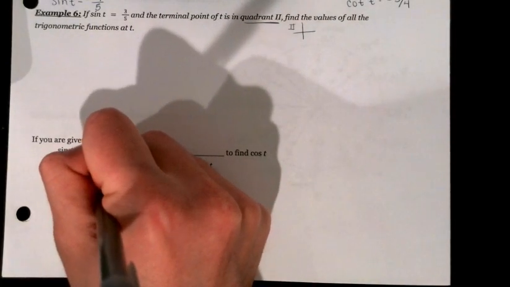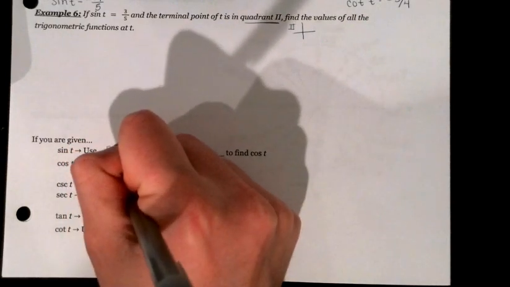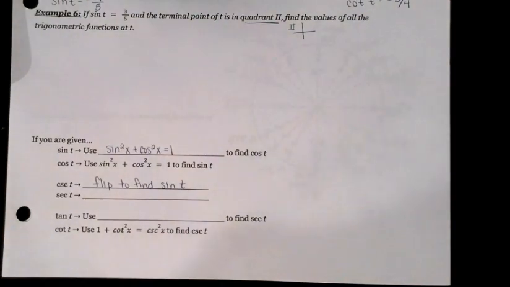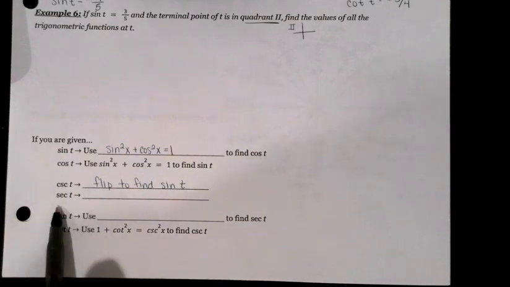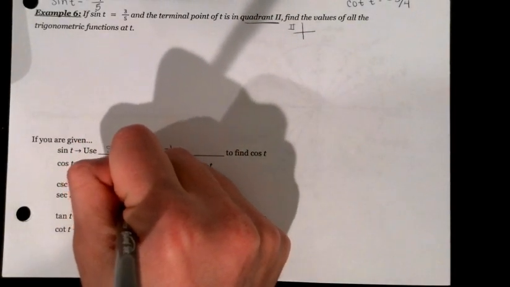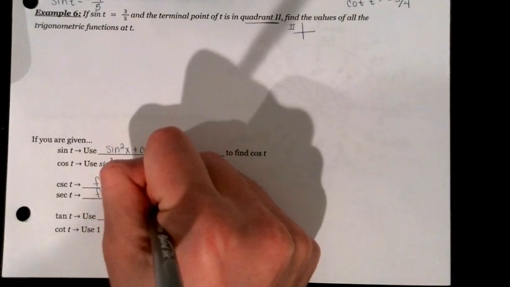If I am given cosecant, I just want to flip it to find sine of t. So I'm doing the reciprocal. If I'm given secant, I want to flip that to find cosine of t.